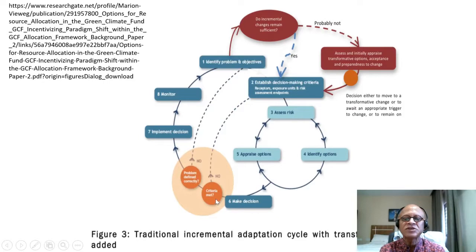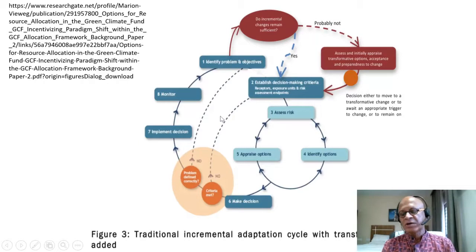And if decision criteria is met, then you have to go back to the second step and go through the iteration again and come back. If yes, is the problem defined correctly? If yes, you go to implementing decisions and monitoring and back to identifying problems and objectives to see if your goals have been met. If not, you have to go back here and go through the process again.